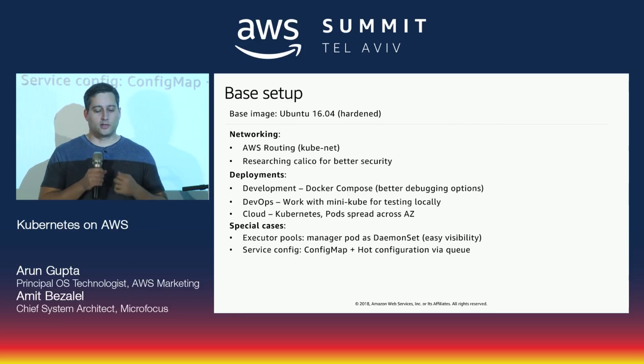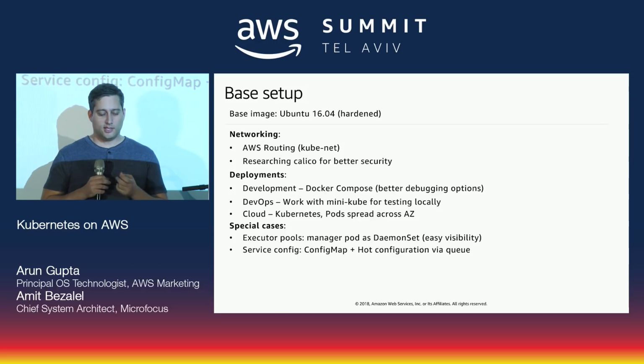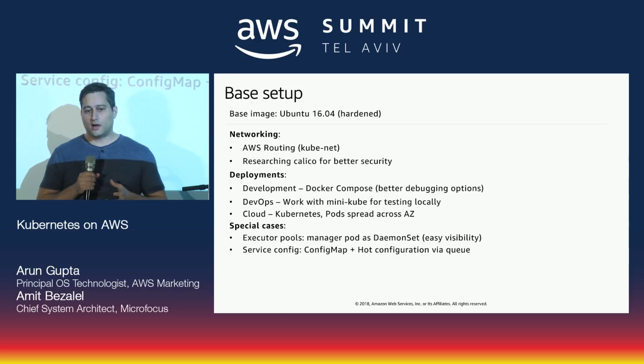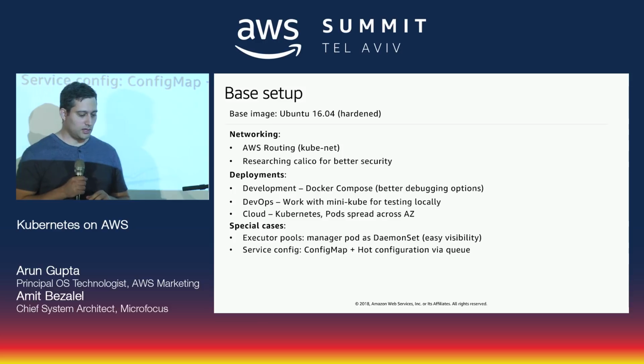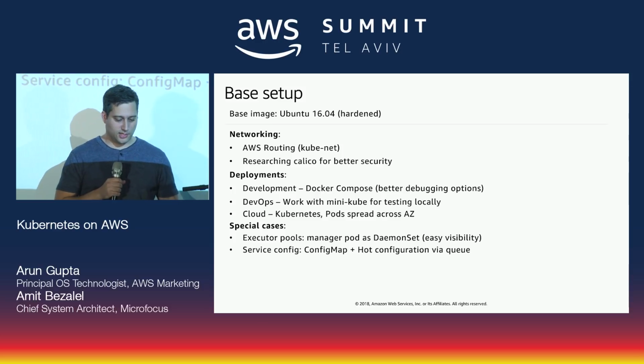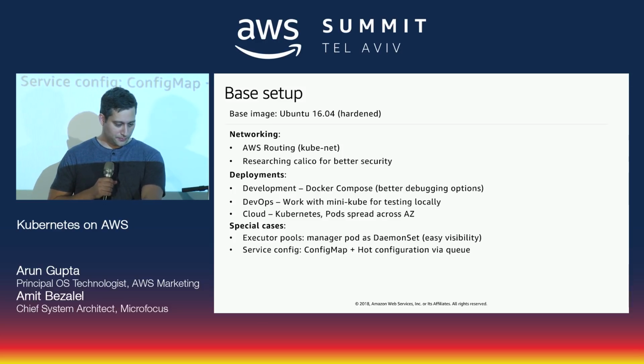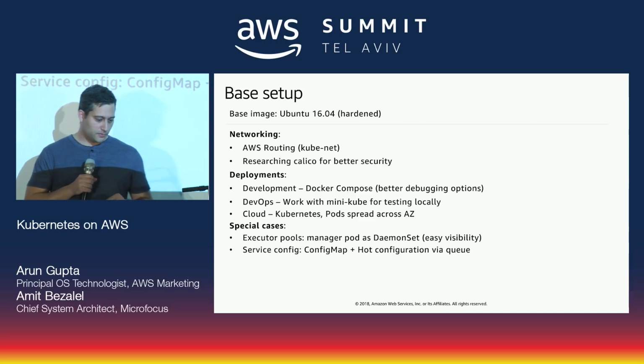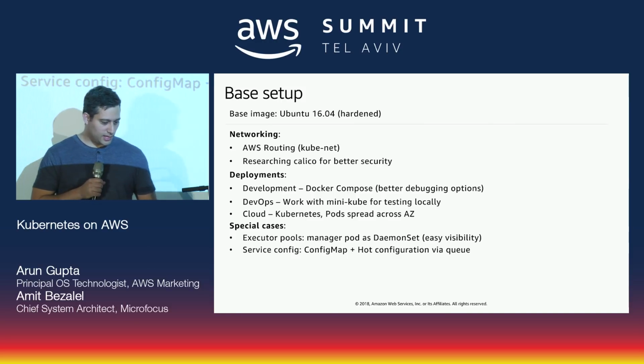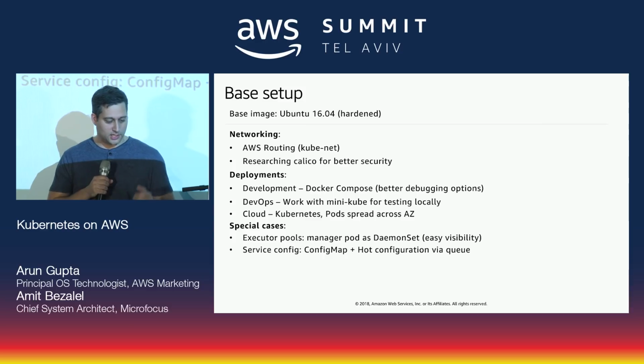So the developer can really change his code and not need to rebuild the Docker, just restart that Docker, and the mount will just take care of mounting that code.